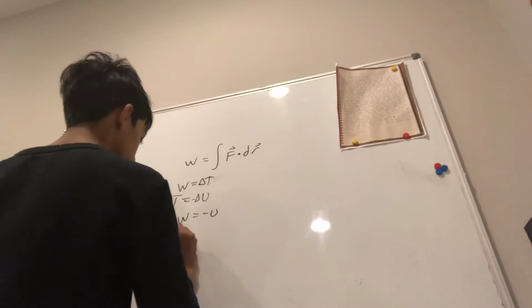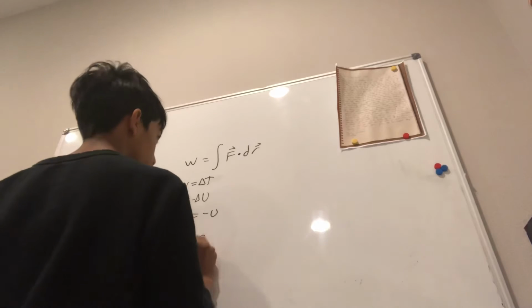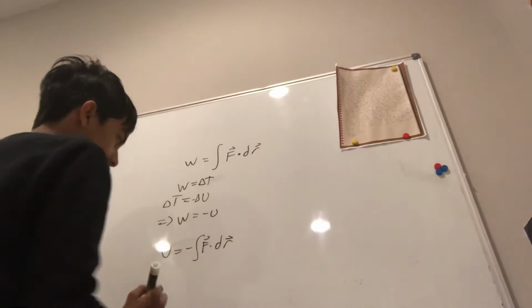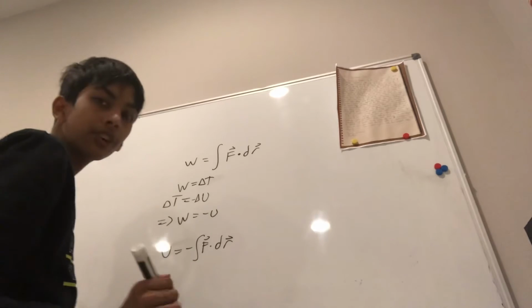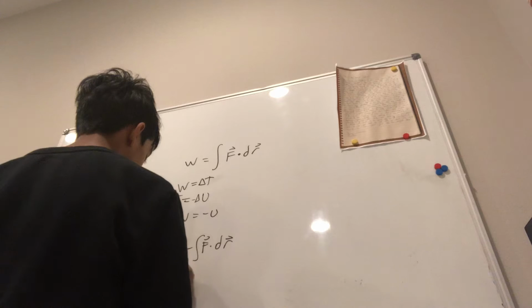So if you wanted to find the potential alone, this would be U equal to negative the integral of F dot dr. And if you wanted to invert this integral, first we multiply by negative 1 on both sides.